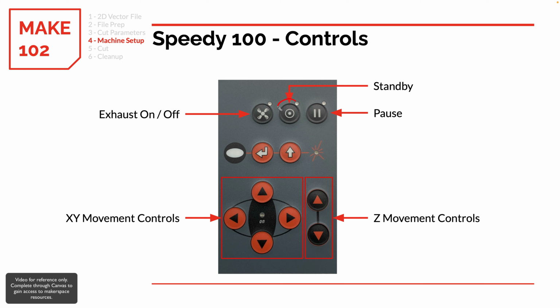So if the laser is making a lot of noise, you can press this and it will stop making noise, for example, while you're working or in between cuts, and this button will pause your job. Down here are the movement controls. These two controls move the laser in X, and these two controls move the laser in Y, and these two controls move the work bed up and down in Z.